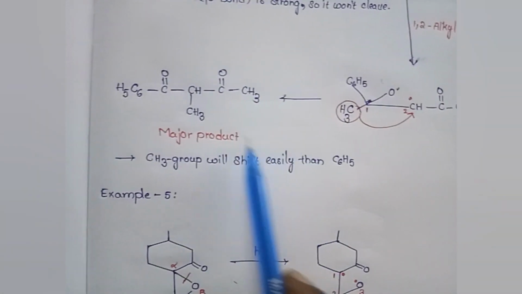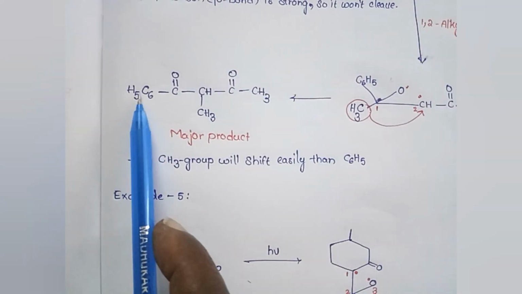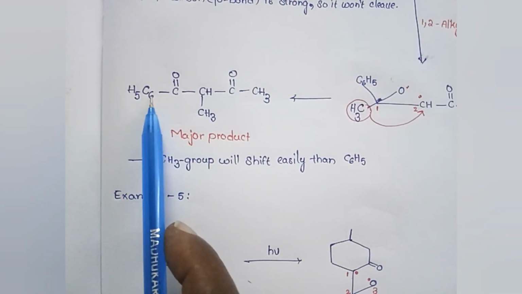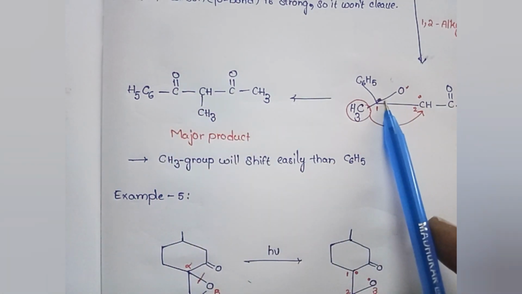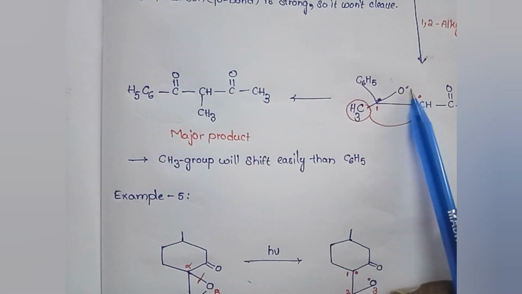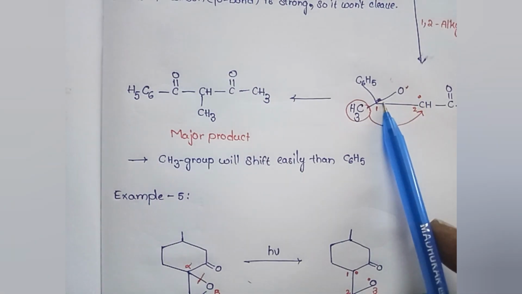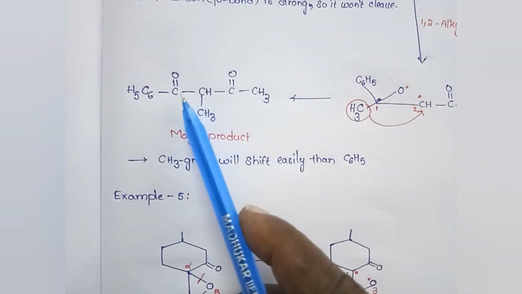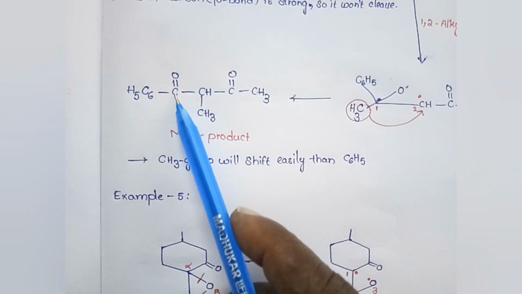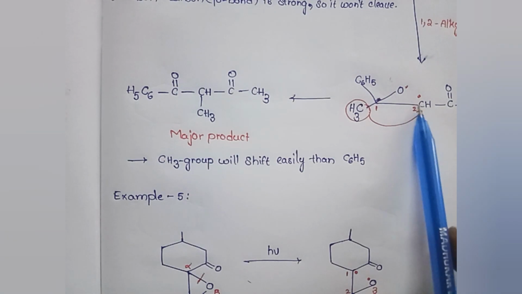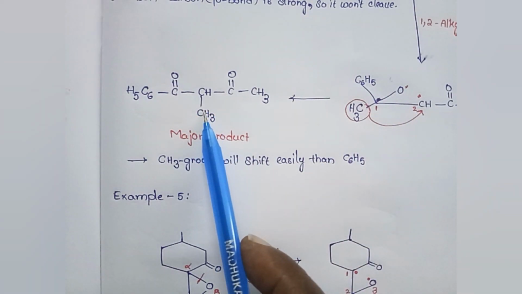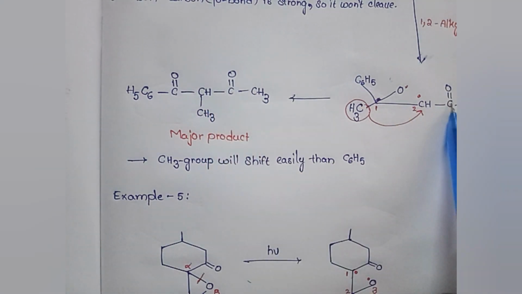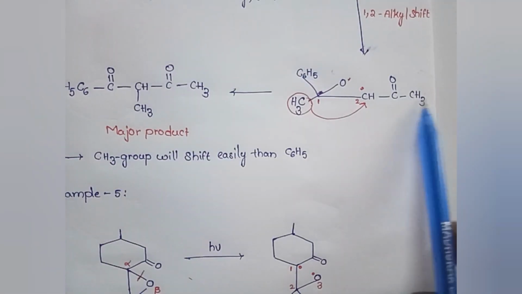As a result of which we get C6H5, CH, C double bond O. This oxygen atom has one radical and another new radical is formed here. So these two will join together to form a C double bond O, and this CH will be attached to CH3 and to C double bond O and CH3.